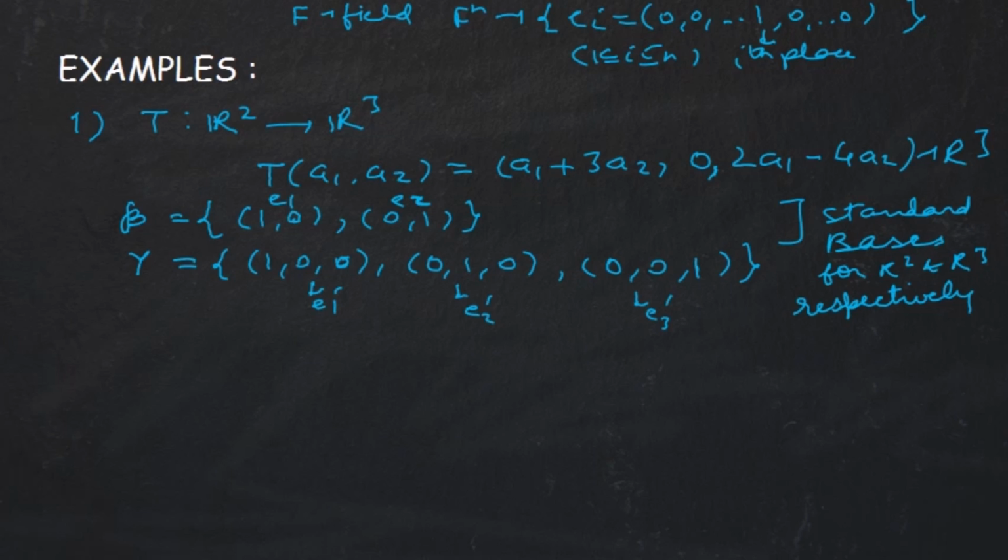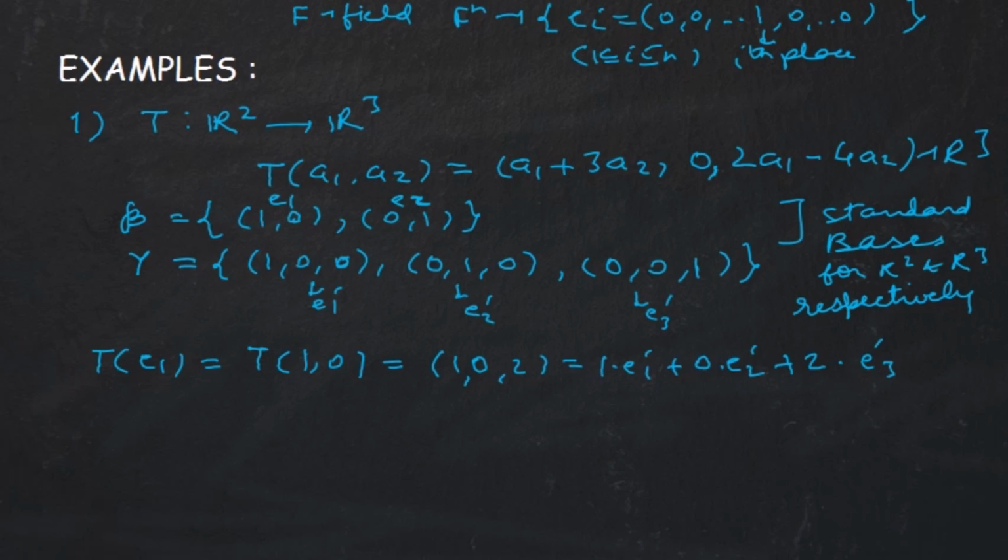Now to find [T] beta gamma, we have to express T(e1) and T(e2) as a linear combination of E1 prime, E2 prime and E3 prime. So let's first of all find T(E1), which is equal to T(1, 0), and T(1, 0) is (1, 0, 2). So you can write this (1, 0, 2) as 1 into E1 prime plus 0 into E2 prime plus 2 into E3 prime, right?